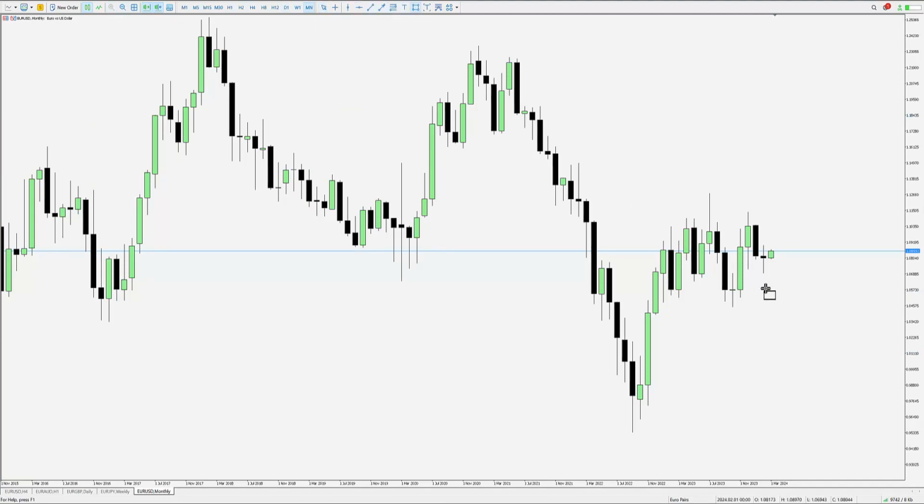So we're at a level of discount right here. That is a level of discount, and we now have a clear reversal pattern on the monthly chart: lower high, lower low, higher low.